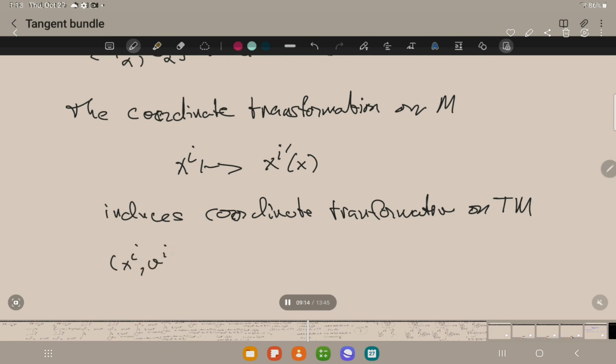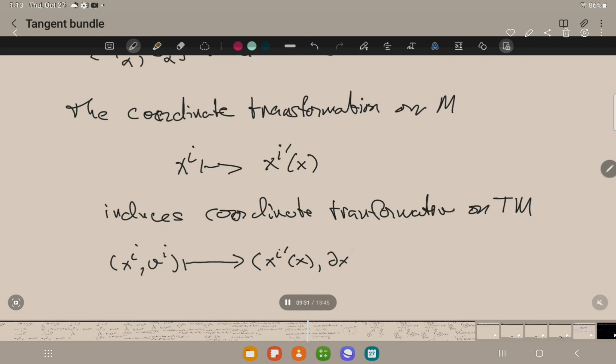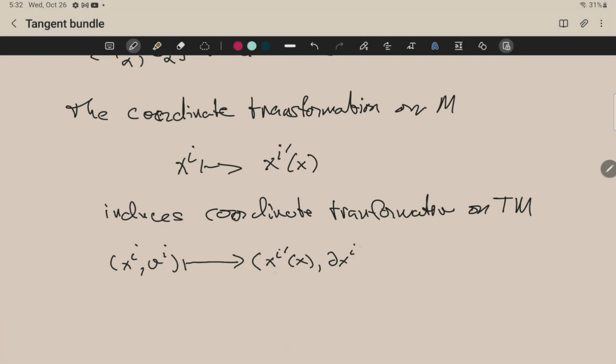The way it induces the transformation on the tangent bundle is that you have x^i, which is the point, and v^i, which are the components of the tangent velocity at that point P, get transformed. The first one is at the manifold level, and the components get transformed to the new components.